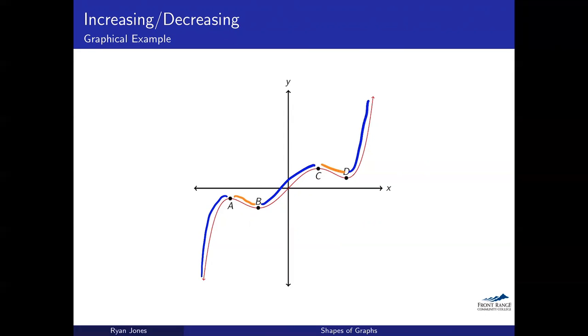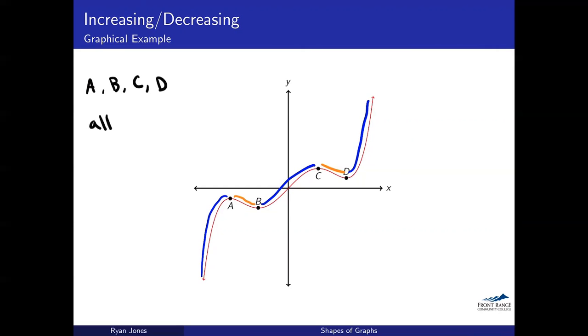And so what I'm noting here are these points A, B, C, and D, because that's sort of the switch points where the function is switching from increasing to decreasing. But there's something else that I notice about A, B, C, and D, and it's actually a very key aspect of derivatives.